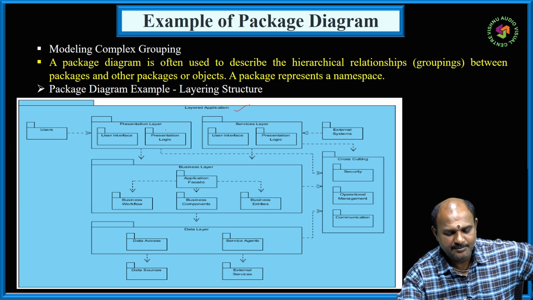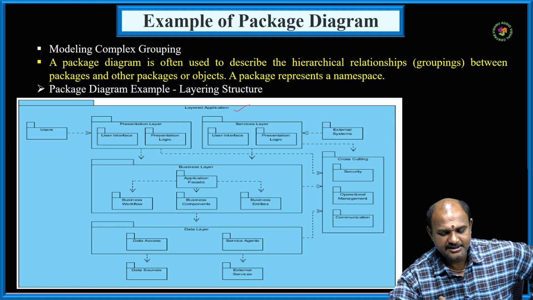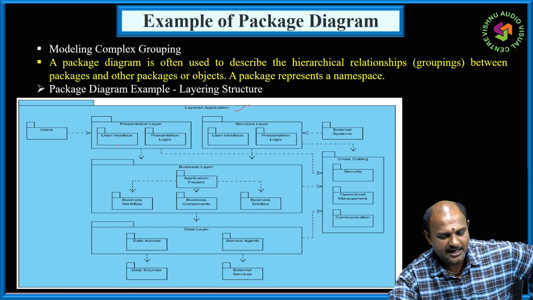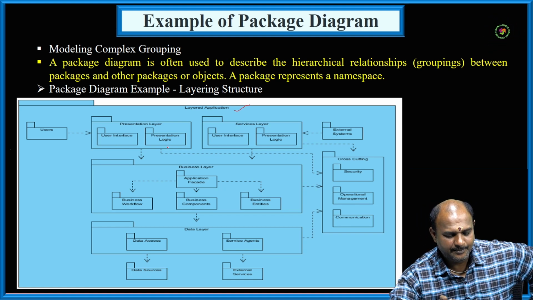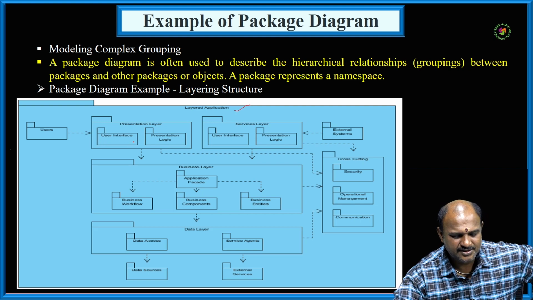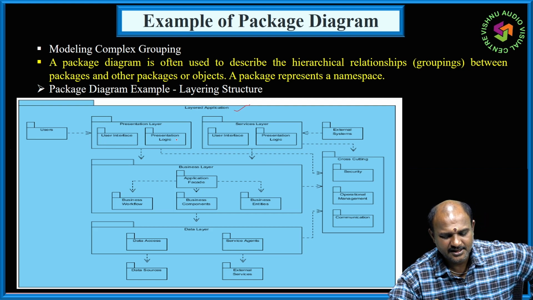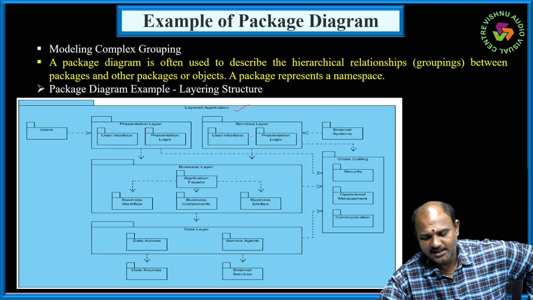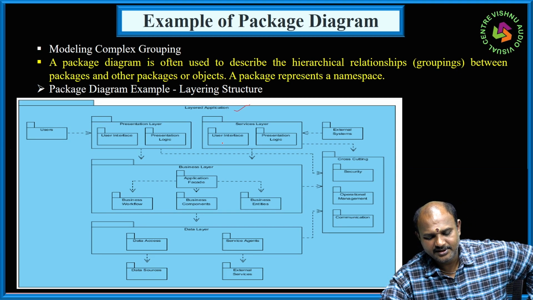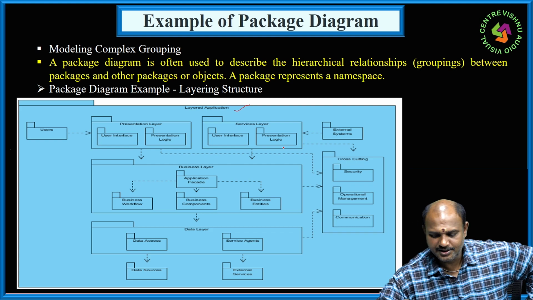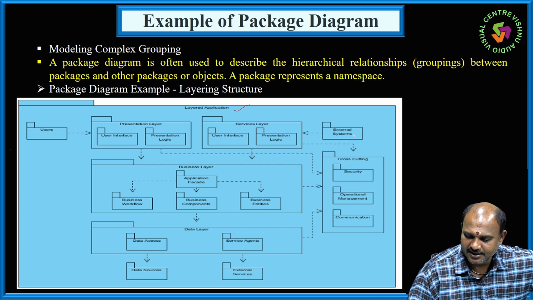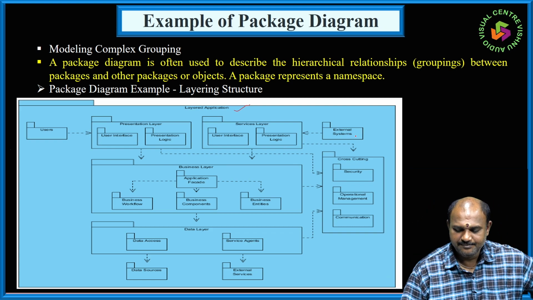In the presentation layer, users layer to presentation layer. So the presentation layer has two packages. User interface is one of them, and the next one is presentation logic. Similarly, the service layer has the user interface and presentation logic, and the extension layer also has the extension system.